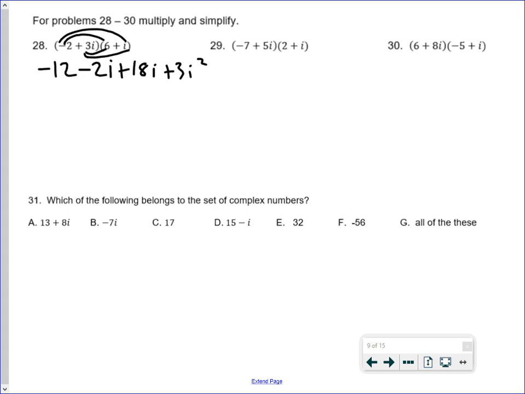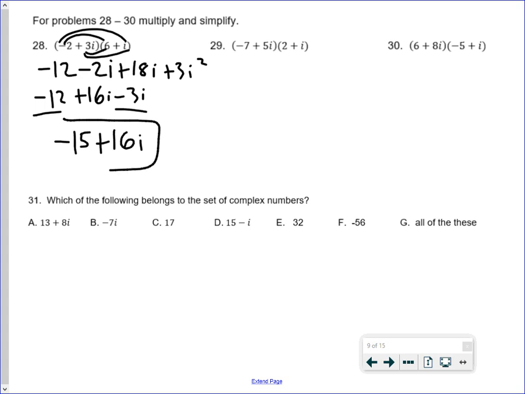We're going to add like terms. -12, we'll bring it down for right now. -2i plus 18i gives us a positive 16i, and 3i squared gives us -3. Right? i squared equals -1. -1 times positive 3 gives us -3. And now we can add this -3 and this -12 to give us -15 plus 16i.